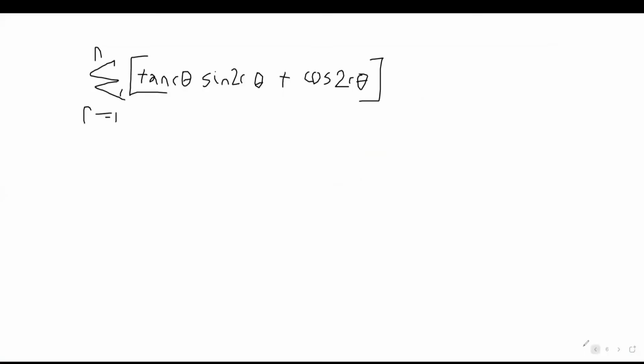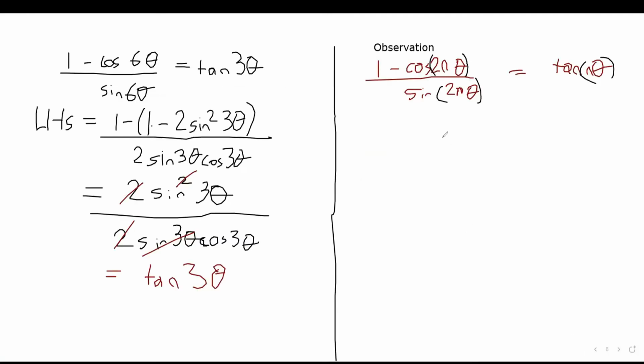Now, the first thing I observe is if we were to cross multiply this, what you'd end up getting is 1 minus the cosine of 2n theta. If you cross multiply it, 1 minus the cos of 2n theta is equal to tan n theta times sine n theta times sine 2n theta, right, Marika?